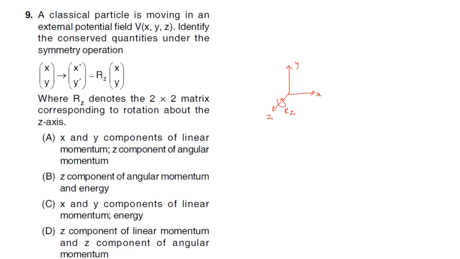That means z is constant, only x and y change. x and y change to x prime, y prime. Therefore, since it is a rotation, angular momentum is conserved. But here the x and y components change to x prime, y prime. Therefore, the xy components of angular momentum are not conserved. Only the z component of angular momentum is conserved. Therefore, the answer is the z component of angular momentum as well as energy is conserved. Therefore, option B is correct.